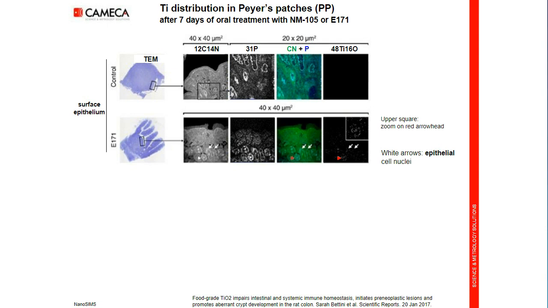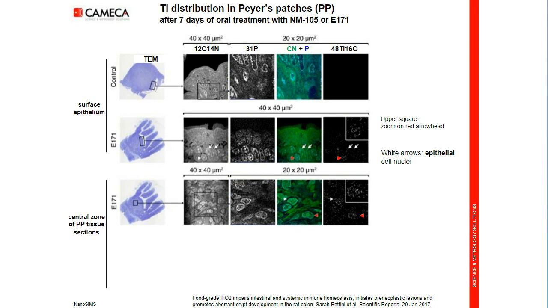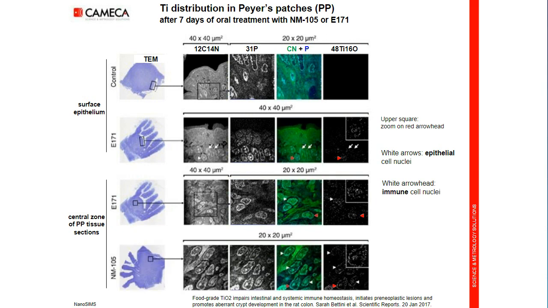But in contrast, in the central zone of Peyer's patches tissue section, whether with the food-grade nanoparticle or with the model nanoparticles, we can see titanium dioxide nanoparticles inside the nuclei of the cells.